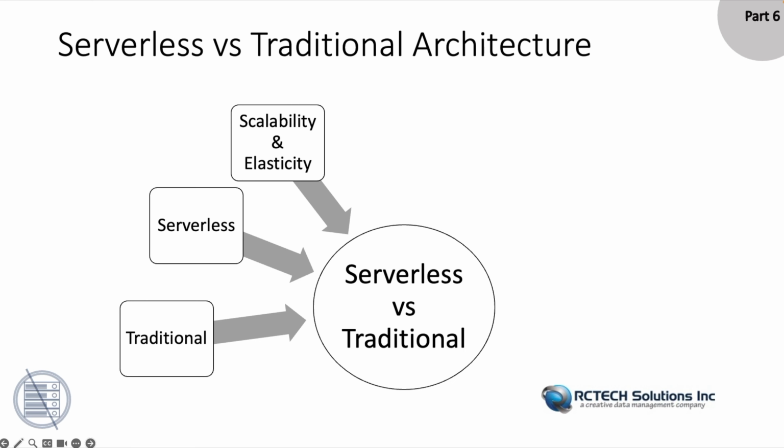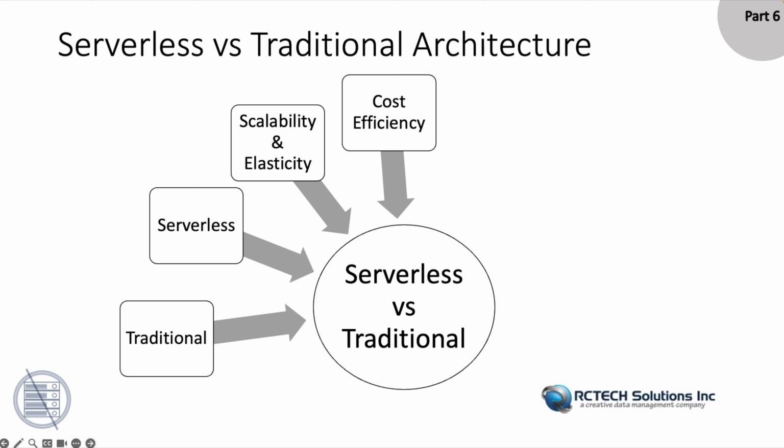Scalability and elasticity. Traditional architecture requires manual scaling to handle increased traffic or resource demand. Serverless architecture offers automatic scalability and elasticity, adjusting resources based on demand. Serverless platforms handle scaling seamlessly, ensuring optimal performance and resource utilization.